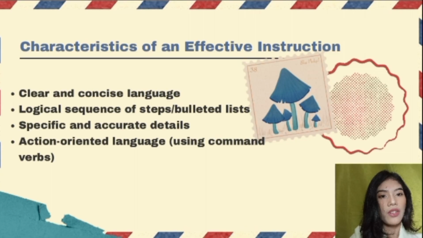Next, we have the logical sequence of steps or bulleted lists. Logical sequence means the correctness of the instruction, while the bulleted list ensures clarity of the instruction, making it easier for readers to grasp.